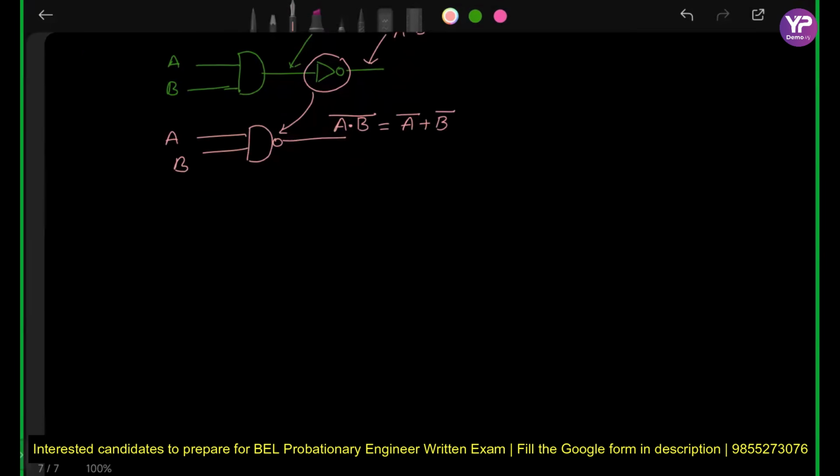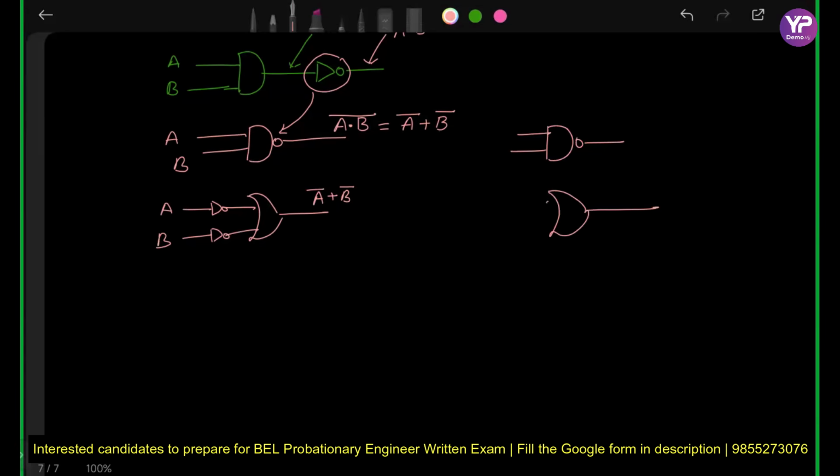It means the alternate symbol for this NAND gate is going to be like this. If you have an OR gate and you take the NOT of A and B at the input, then it results in A bar plus B bar. So there are two symbols for the NAND gate. This is the first NAND gate, and the second symbol for the NAND gate is like this.